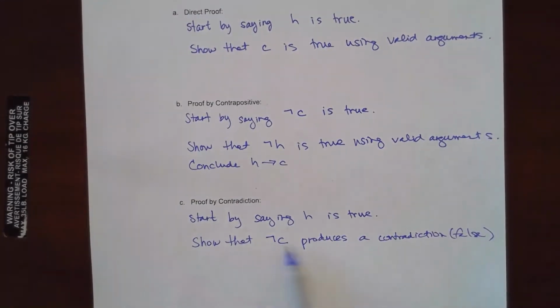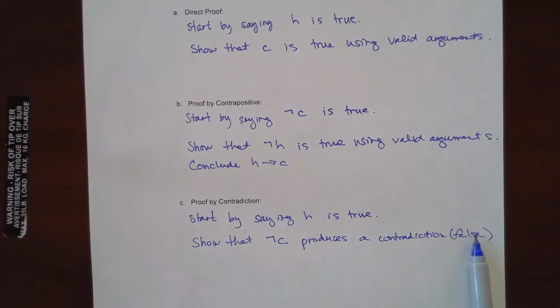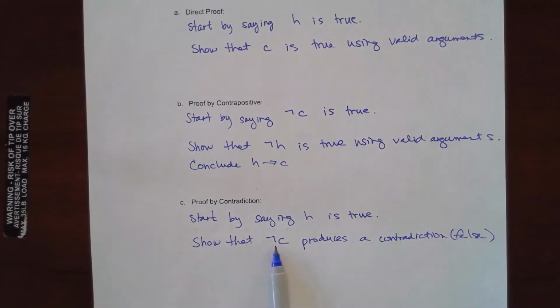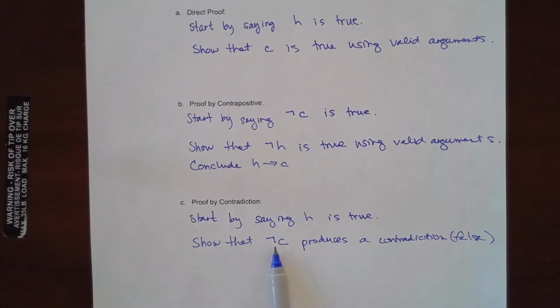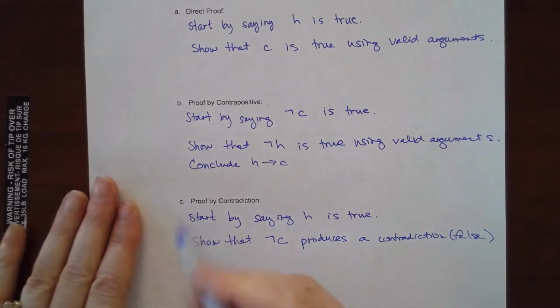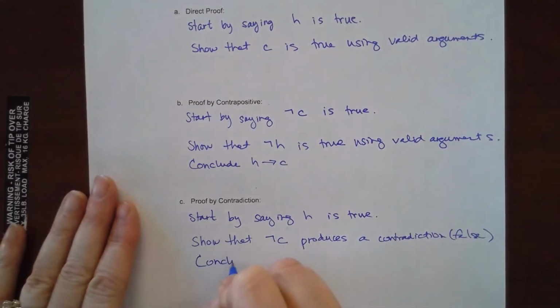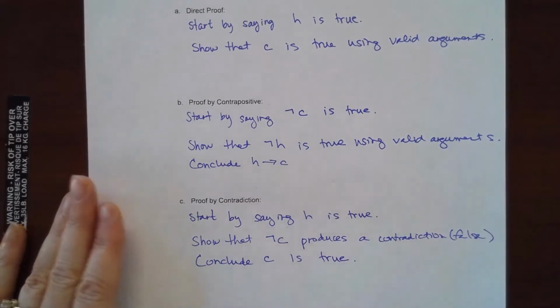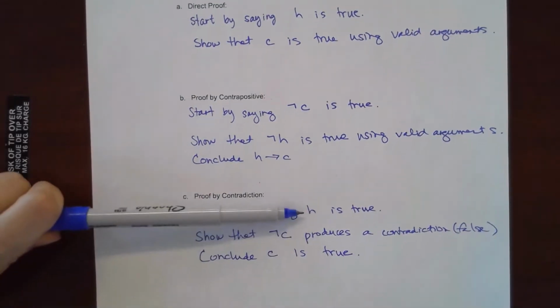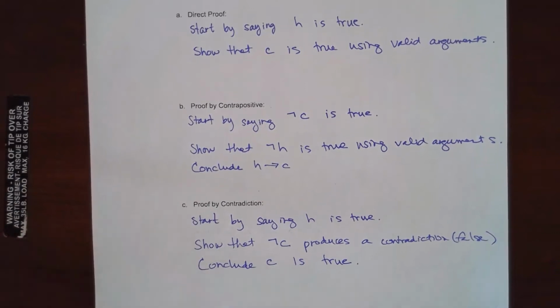So if not C produces a contradiction, if it's false, well, that means not C is false, which means C is true. So I can conclude that C is true. And so here I started with H is true and eventually concluded that C was true. That's where I'm getting that H implies C.